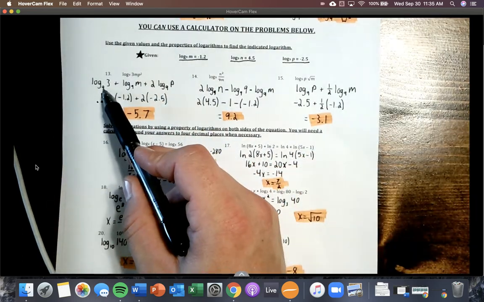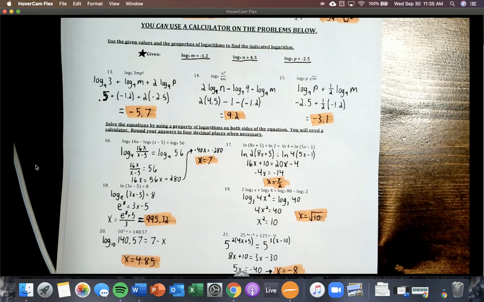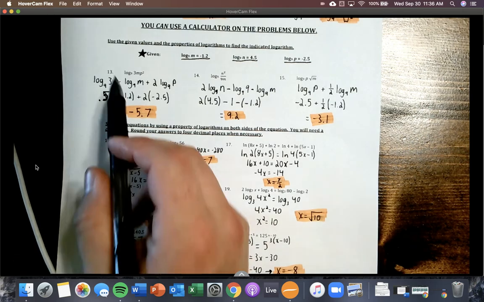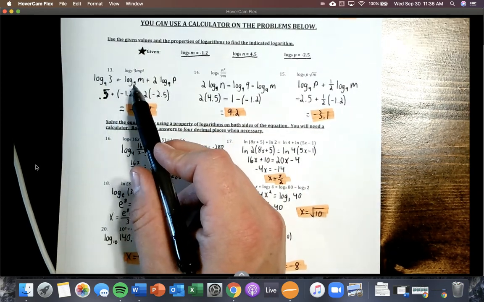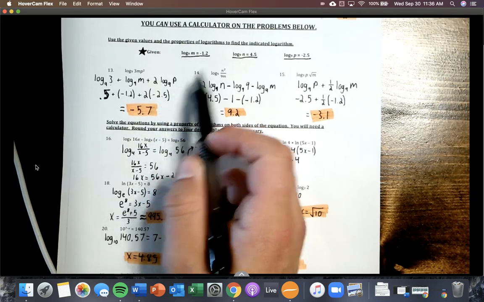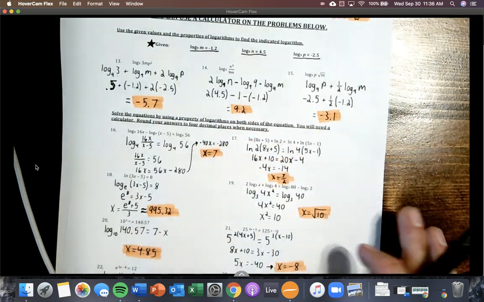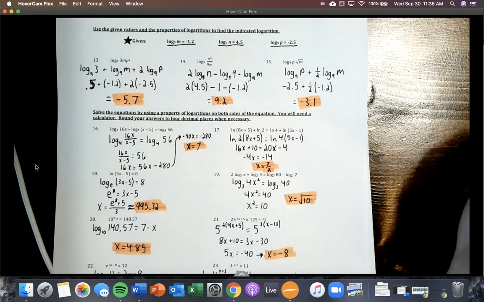Because 9 raised to the 1/2 power is the same thing as the square root of 9, right? So the square root of 9 is 3. So we have this 0.5 here. Then log base 9 of m, we just plug in the value here. And on log base 9 of p, we just plug in this value here, and we can just multiply and add that up. And it's the same thing with 14 and 15.